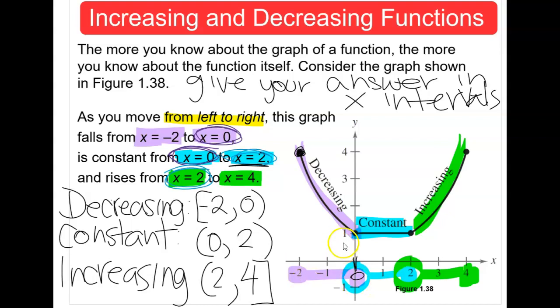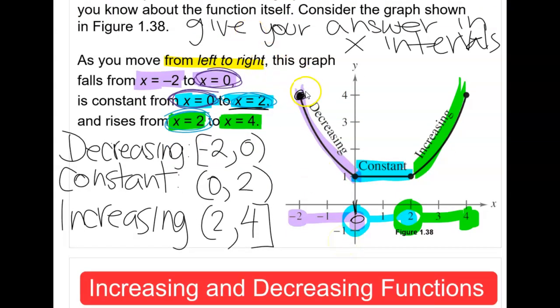And I know that's going to happen. It always happens. I don't want you to tell me this point being -2, 4. That will be wrong. You have to just tell me the answer in x intervals, just like what we did here for all three.